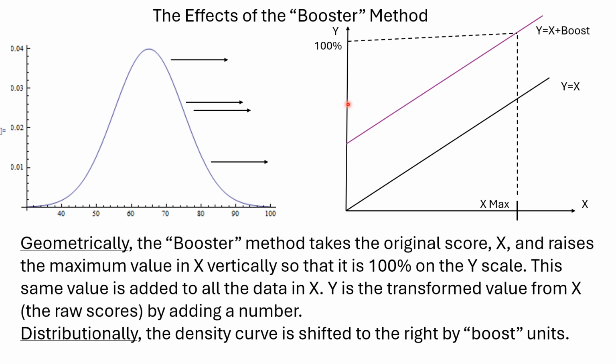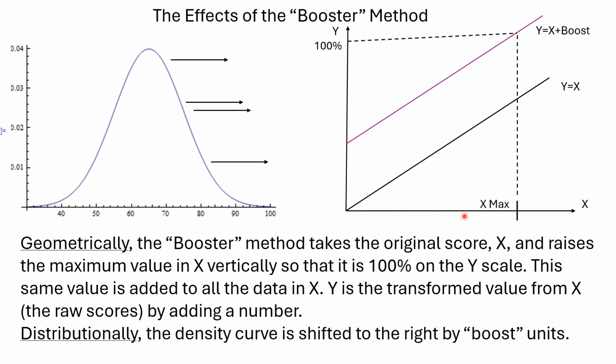Now, what we're doing here, by contrast, is we are adding a certain number to the original value to give it that boost, and we do that uniformly through all of the values of the original scores.